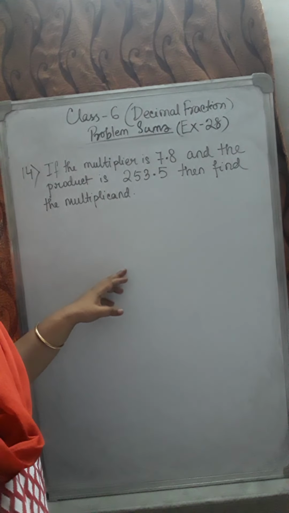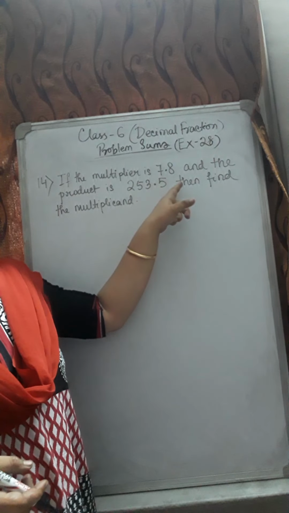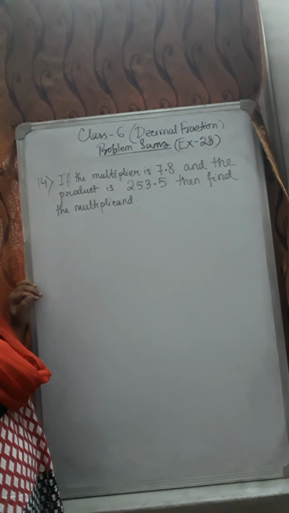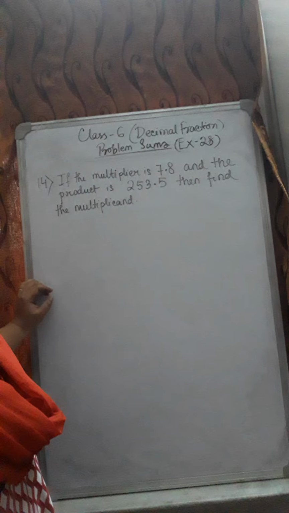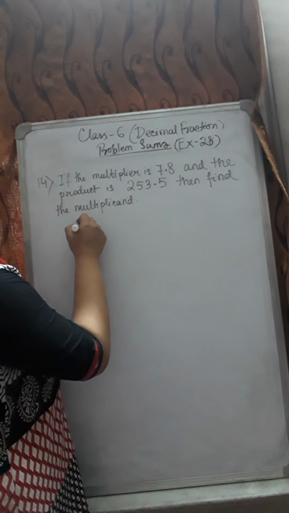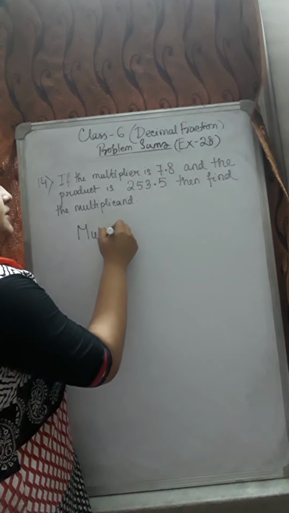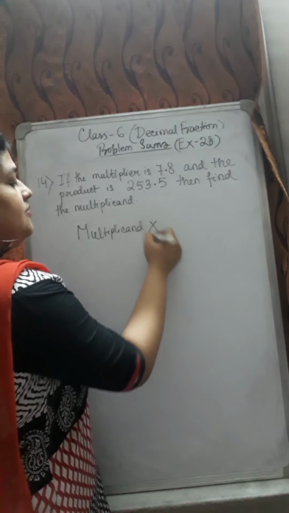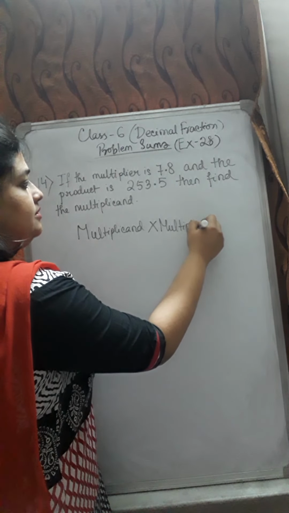Question number 4: if the multiplier is 7.8 and the product is 253.5, then find the multiplicand. So you all know that when you multiply two numbers, one is the multiplicand and the other is the multiplier.